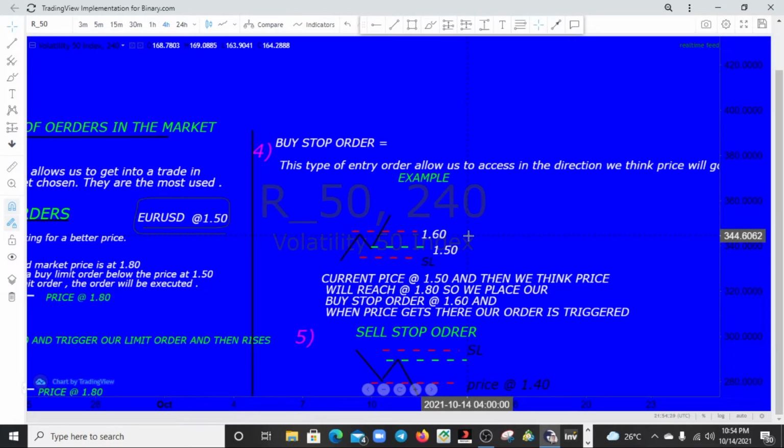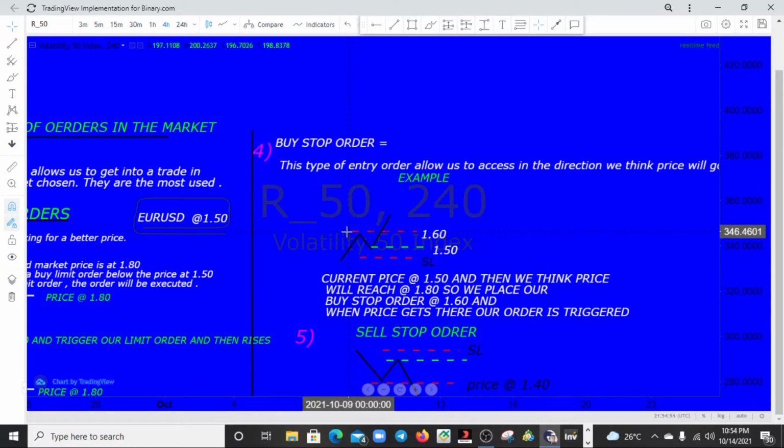It's basically meant for uptrend. Now you realize that price is in an uptrend, or the direction of the market is up, and you're looking forward to buying at a certain price, knowing fully well that the market will go in your direction. Alright? And so you place your pending order above the price.